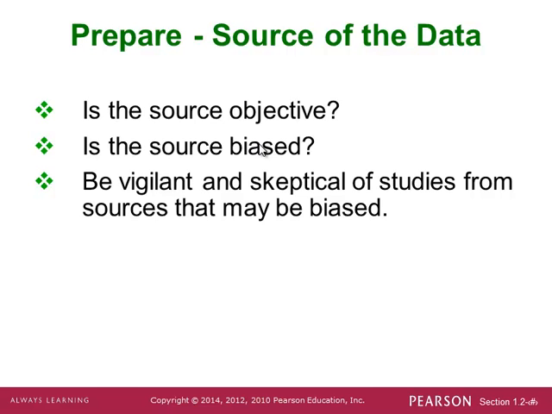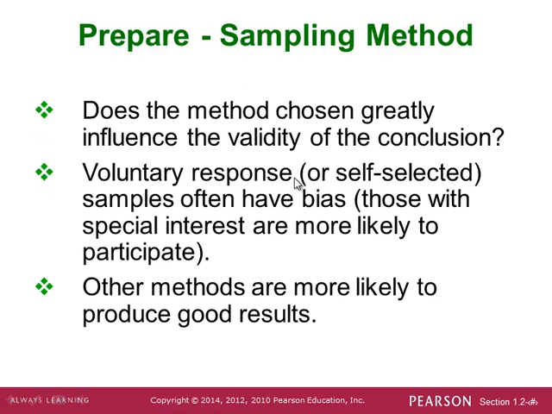So be careful about that. Well, there's different ways of doing a study. You could do an experiment. You can do an observational study. And the method that you use could very well influence the outcome.